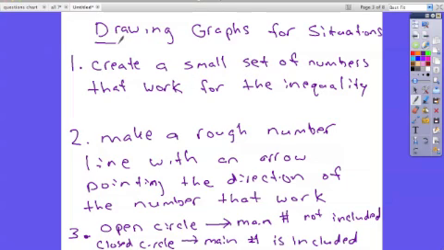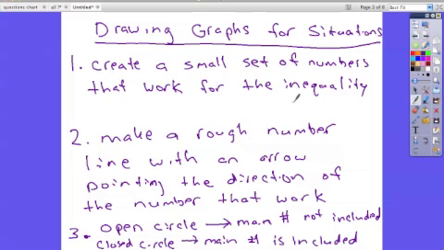We are going to be drawing graphs for these different inequality situations. They're going to start out pretty simple, but they're starting out simple for a specific reason. We've got to be able to read and understand these before we do any part of solving them. Here's a quick set of directions that we're going to use. Eventually you'll get comfortable with this and these directions will become second nature.